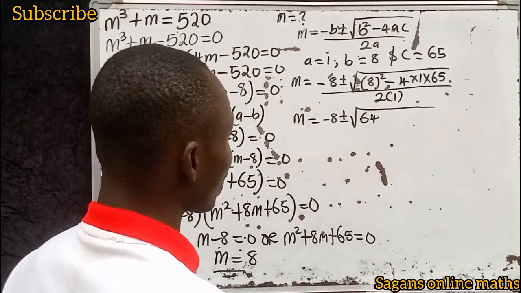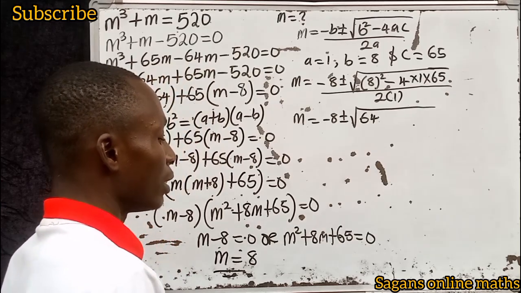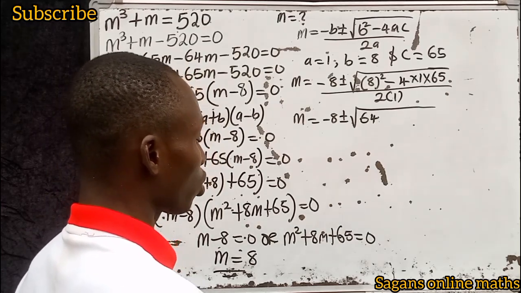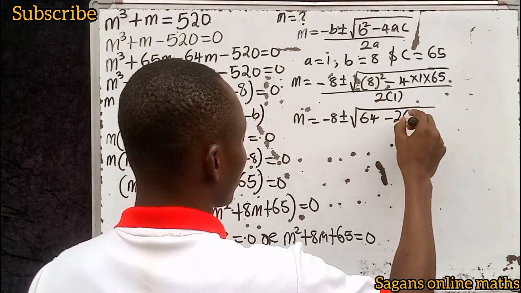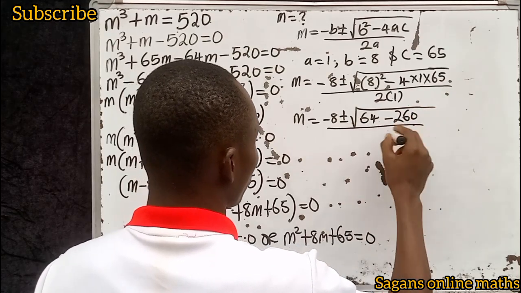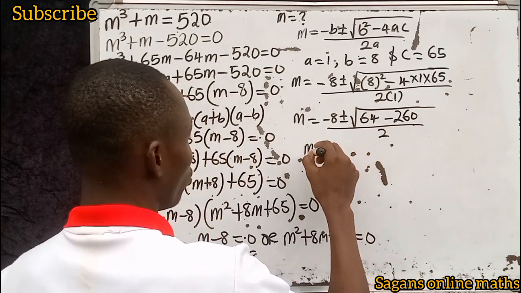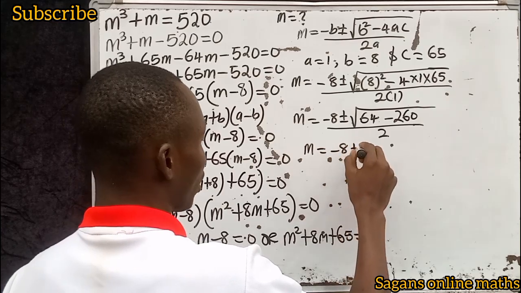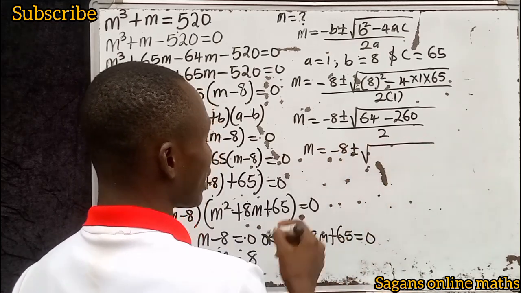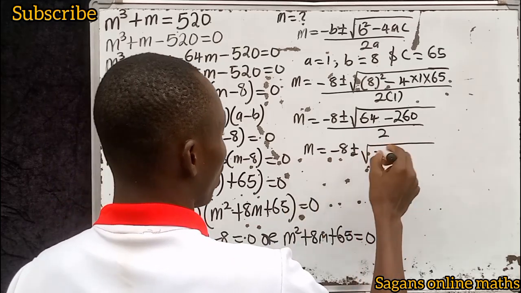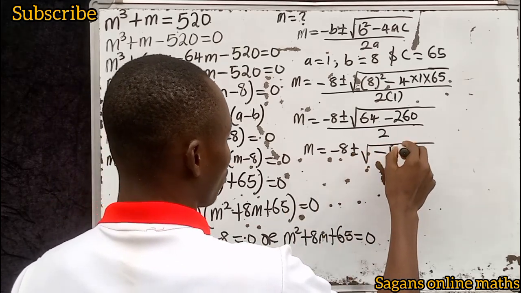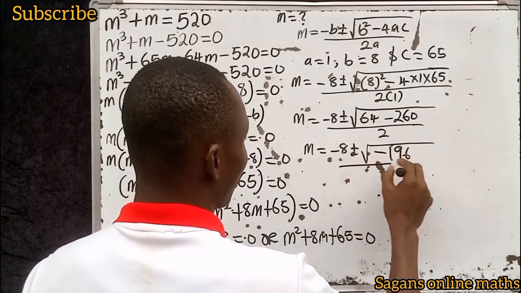Now minus 4 times 1 is minus 4, then minus 4 times 65 gives us minus 260, divided by 2. That means our m will be equal to minus 8 plus or minus the square root of 64 minus 260, which gives us minus 196, divided by 2.